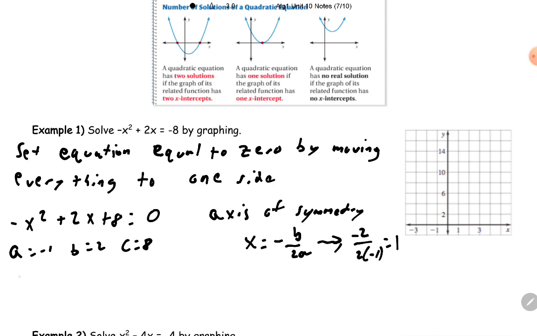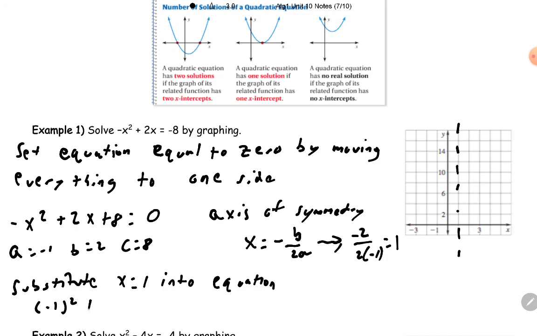After we found our axis of symmetry, that tells us roughly where our vertex is, we're going to plug x equals 1 into the equation. And this will find the y-coordinate of our vertex.